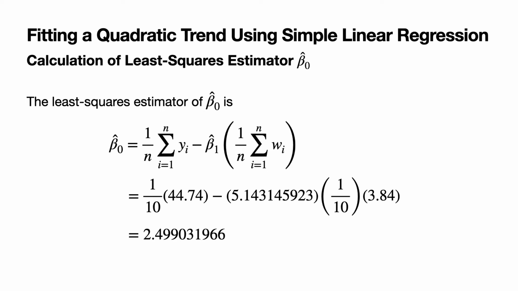And since we have summary statistics calculated in terms of the sums rather than the means, we can express this formula equivalently as shown here. So beta 0 hat is equal to 1 over n times the sum of the y's minus beta 1 hat times 1 over n times the sum of the w's. And when we plug in the summary statistics here, we get beta 0 hat equal to 2.499031966.